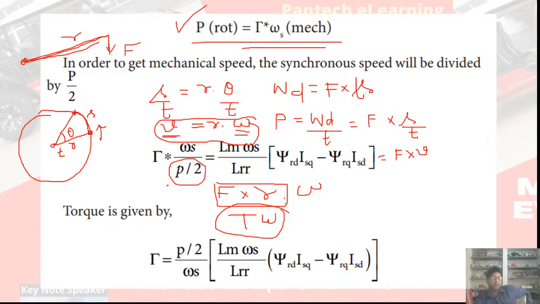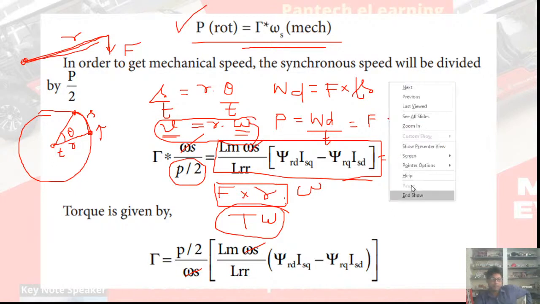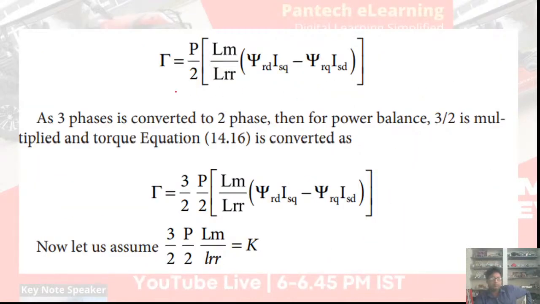So that's why I have written torque into omega s by pole by 2, which we already calculated. So now torque is equal to this, omega s cancelled out. Okay, so my torque is equal to P by 2 by omega s, this omega s cancels, and Lm by Lrr into psi rd isq minus psi rq isd. Okay, so it is finally coming like this.